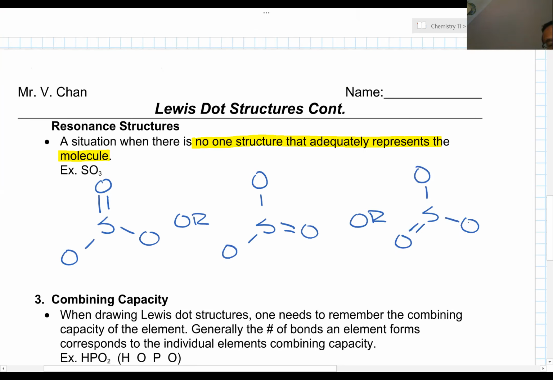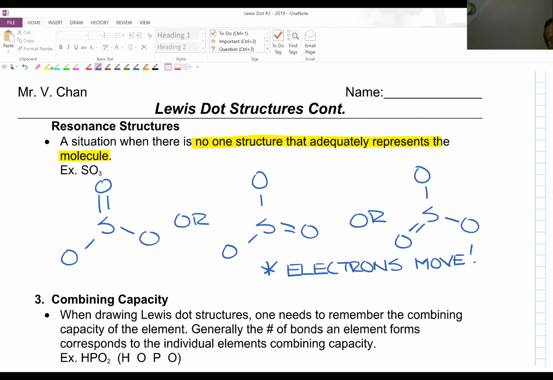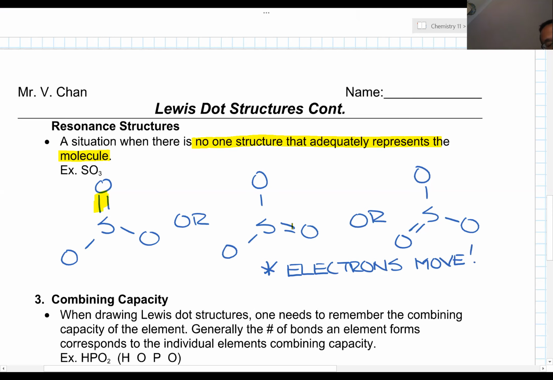So what happens is, in this case, the electrons move. So the double bond is actually moving from the top oxygen to the one on the right to the one on the left. So what you have is a moving pair of electrons to form the double bond.